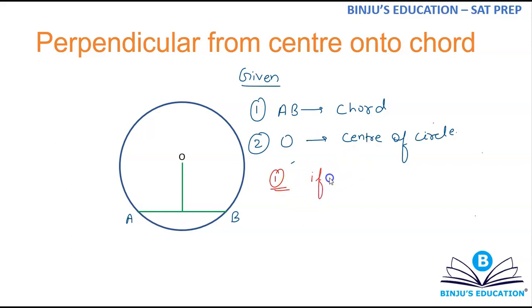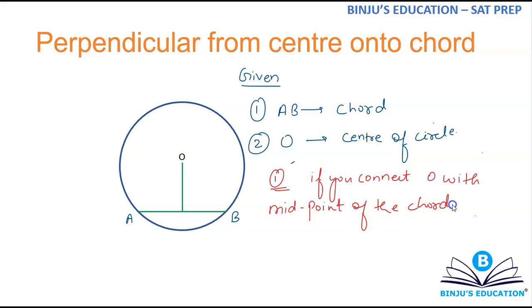If you connect O with midpoint of the chord, let's call the midpoint to be P, then the angle made by OP with AB will be 90 degrees. That is, this angle is 90 and this angle is also 90.